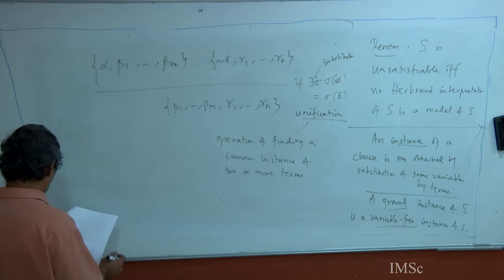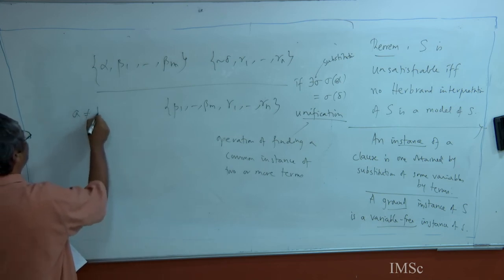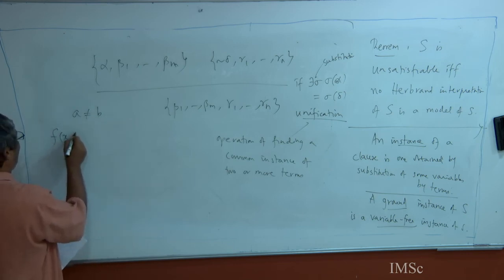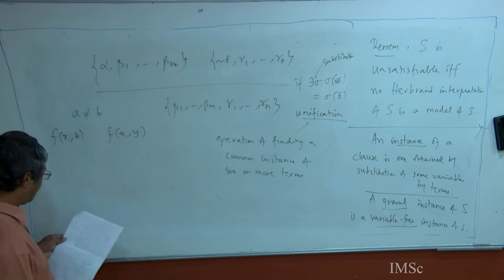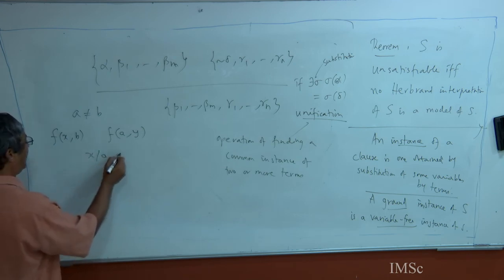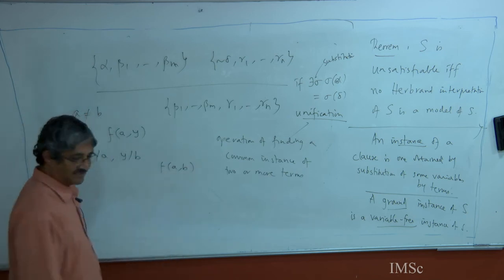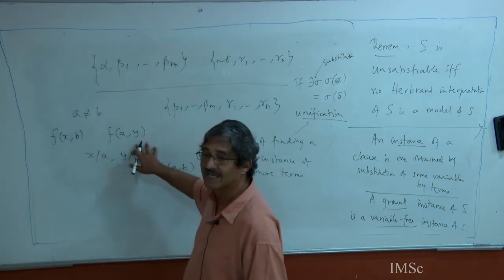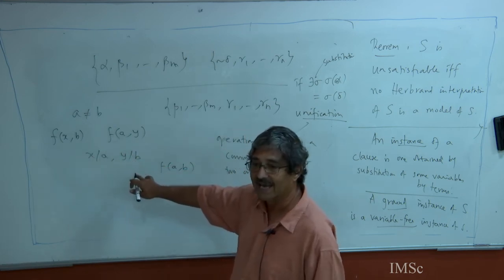Yeah. So for instance, let me take the examples here. Let's assume that A and B are distinct constant symbols. So suppose I have got f of x, b and f of a, y, right? I can obviously substitute x by a, y by b, and I will get f of a, b as the common instance. So I can unify these two terms by a substitution, a for x and b for y.